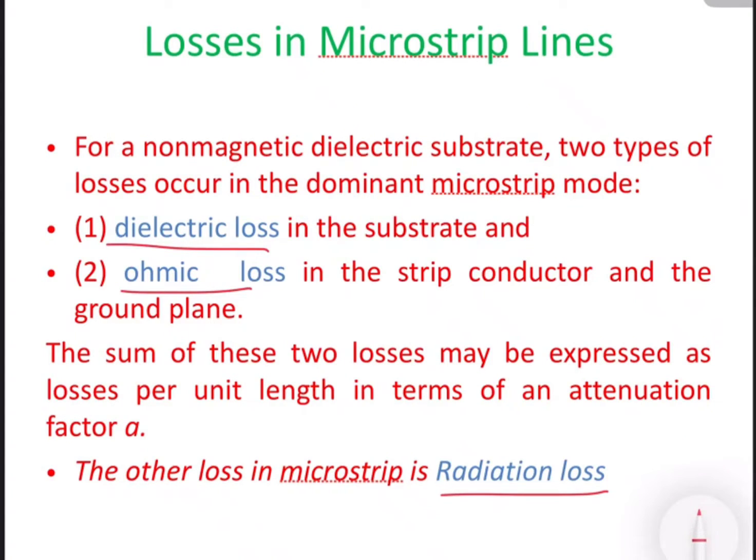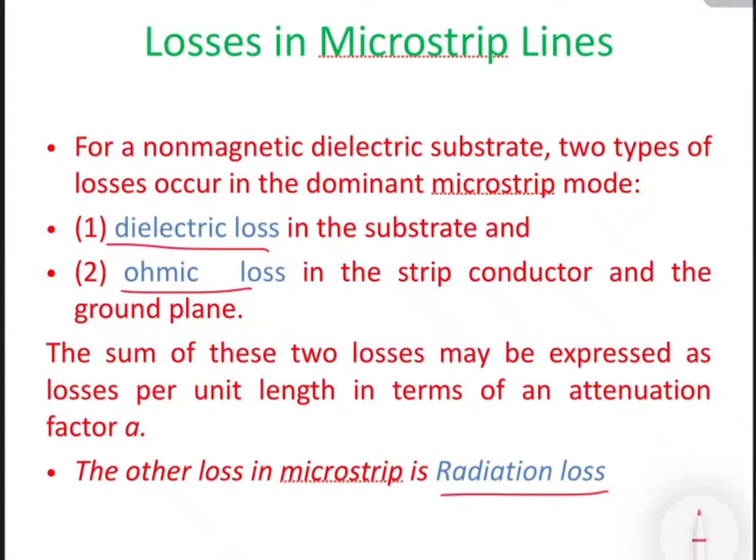The dielectric loss, ohmic loss, and radiation loss we can find in microstrip line, whereas attenuation loss is found in parallel strip lines. So, what are these losses and what is the reason for this loss?